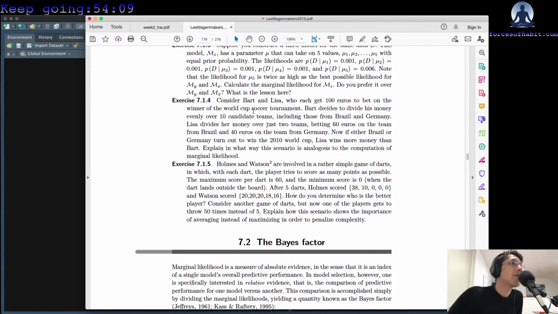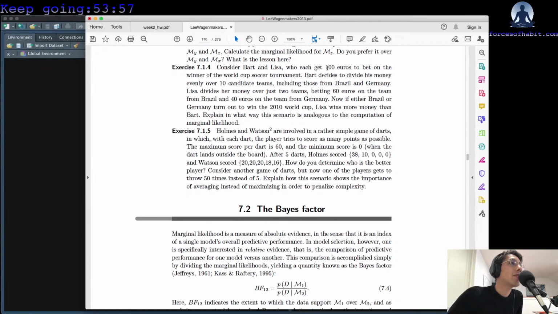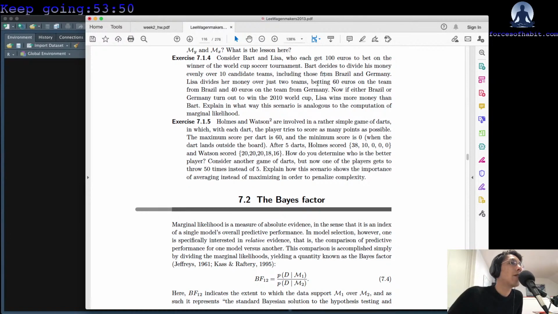So 10 euros for each of the teams. So if Brazil or Germany wins, there's only a slight return on his total amount of euros. While Lisa is taking on a more risky bet here, right? So it's more falsifiable that Lisa is going to be wrong in her predictions.